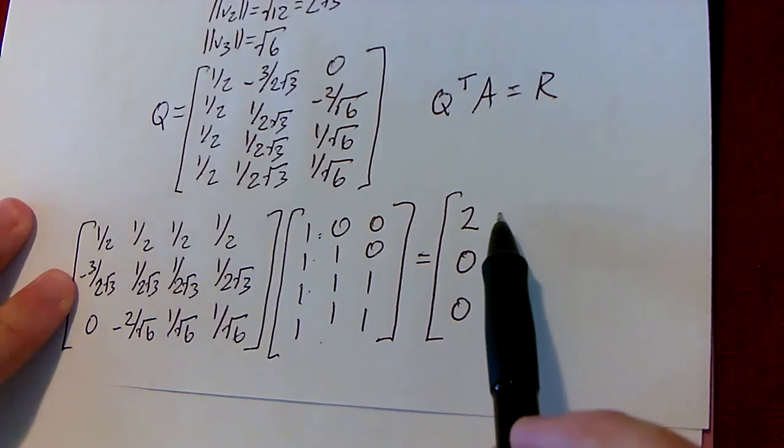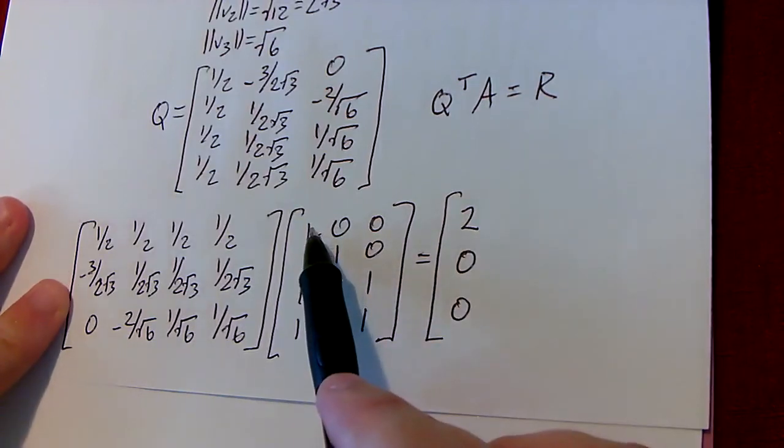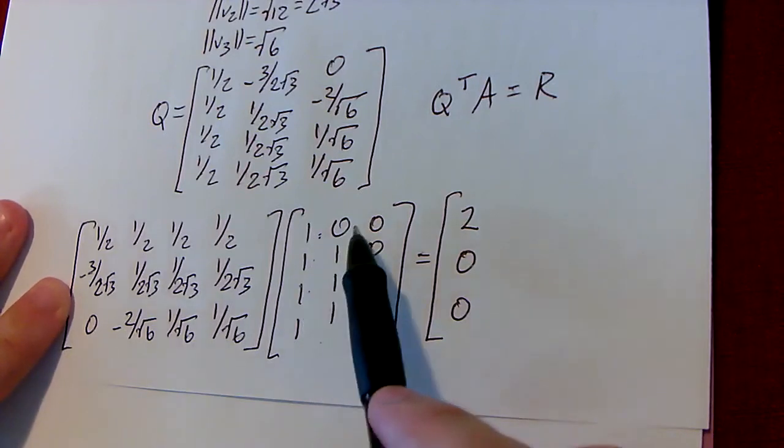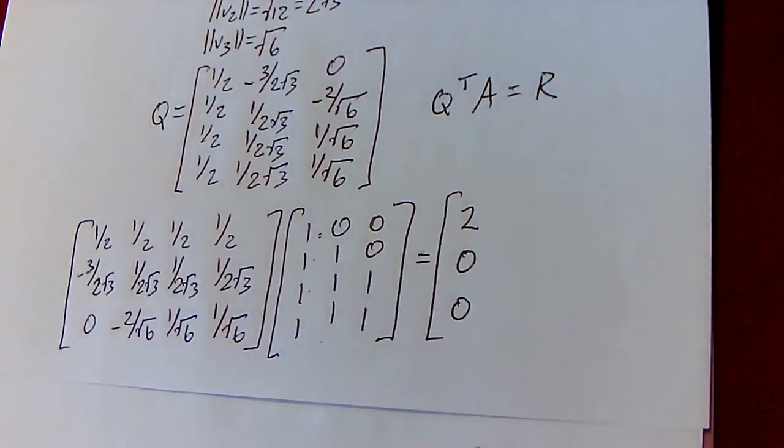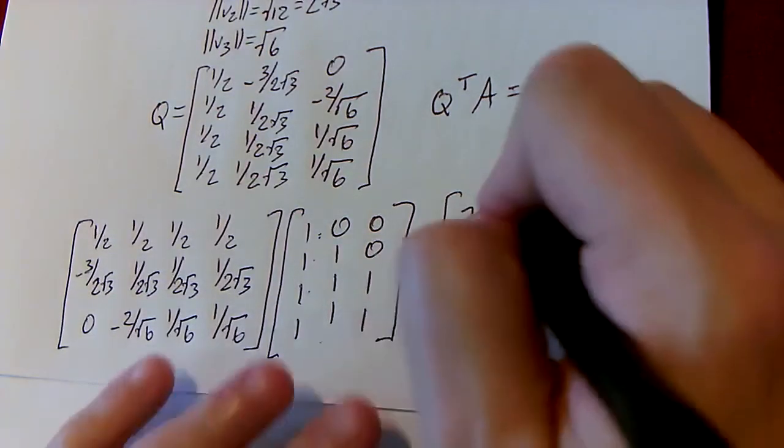So I go to the second row now, second row, first column. I've got negative 3 times 2 square roots of 3. Oh, sorry, 0. Then I've got 1, 1, and 1, so 3 over 2 square roots of 3.